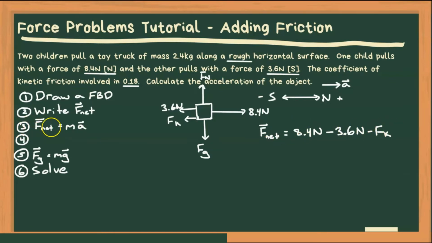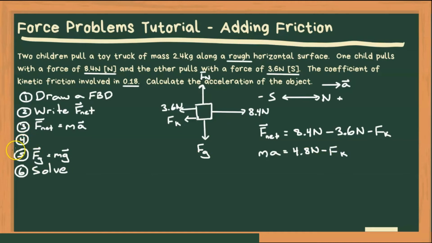Step 3, we're going to replace F net with ma in accordance with Newton's second law. And since a is in our positive direction, we just leave all that positive. So here we have ma equals, well, let's figure out what 8.4 minus 3.6 is. That's 4.8 newtons. And then we have this minus Fk, which leads us to step 4.